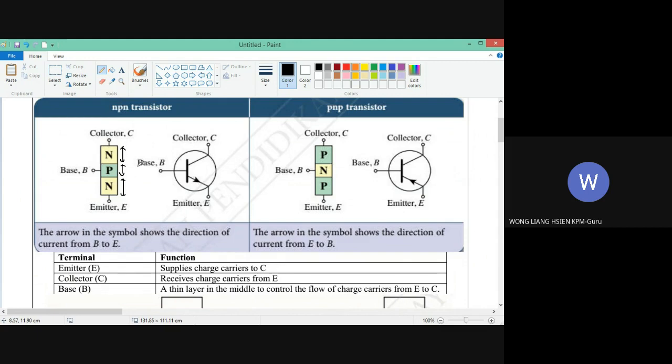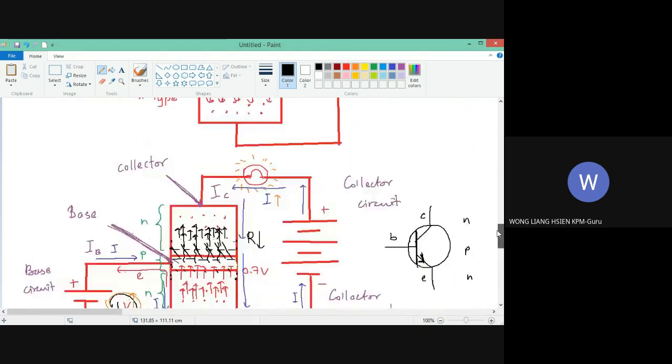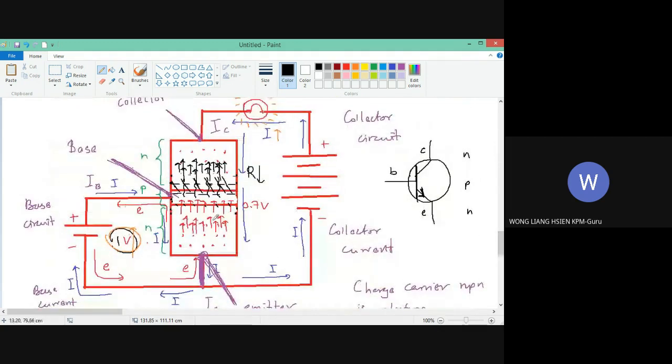The reason is so that when the charge carriers go to the center layer, they can easily fill up the center layer with a lot of charge carriers.